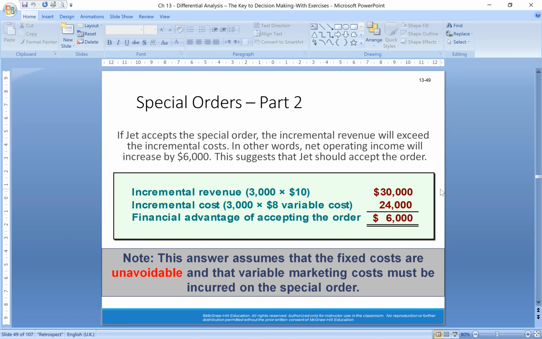So the company should accept the order. Again, note this answer assumes that the fixed costs are unavoidable and that variable marketing costs must be incurred on the special order, which means all the variable costs are already there.